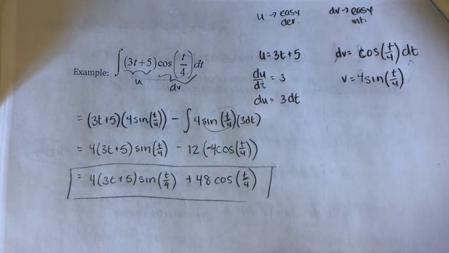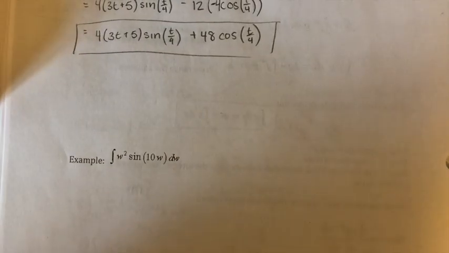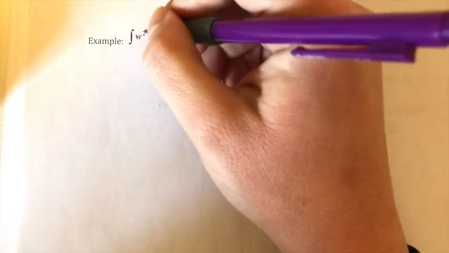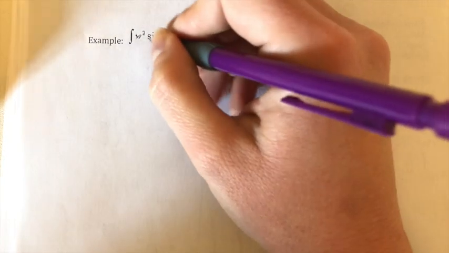Okay, because otherwise we don't have any rules for this. We have to split it up. If we do something like this, remember, we want to pick a u that's going to get more simple with doing the derivative, and we want to pick a v that's not going to get more complicated.